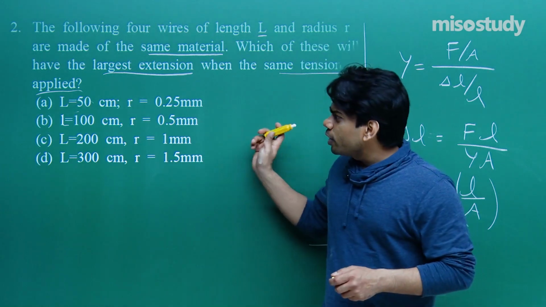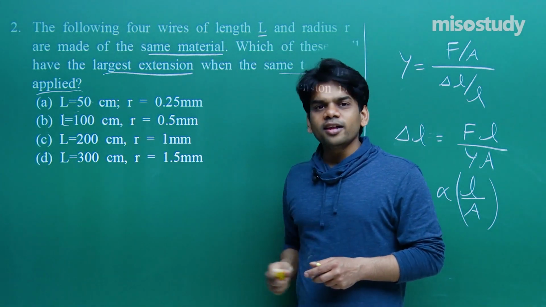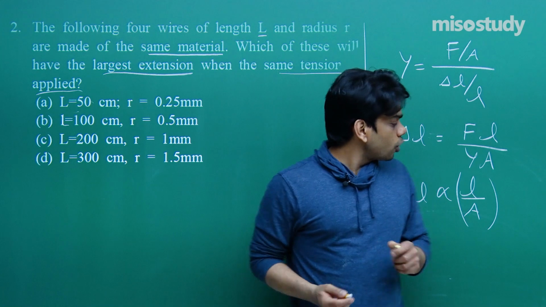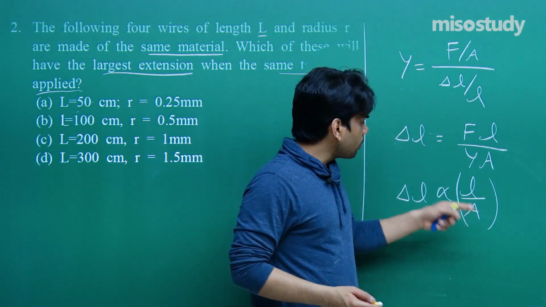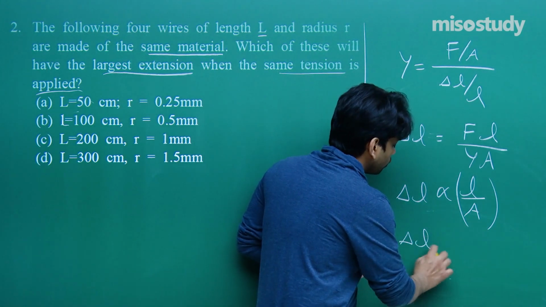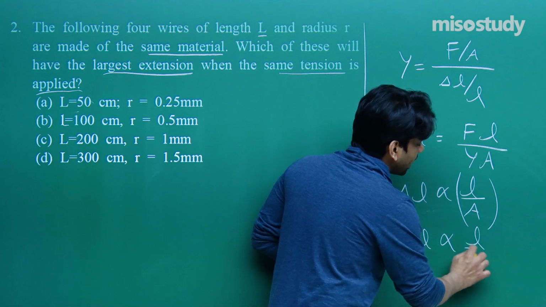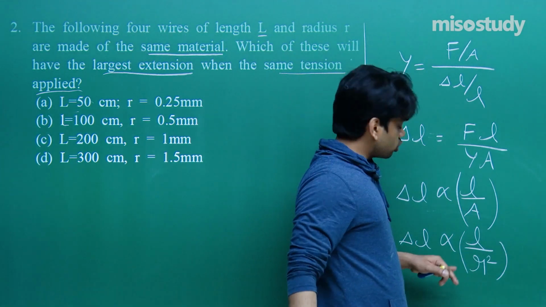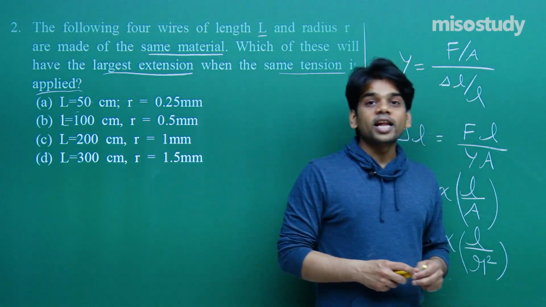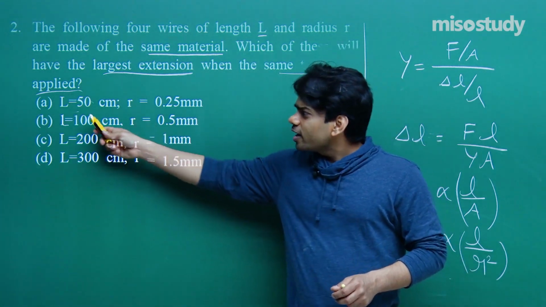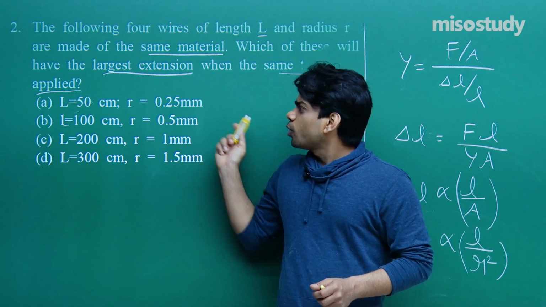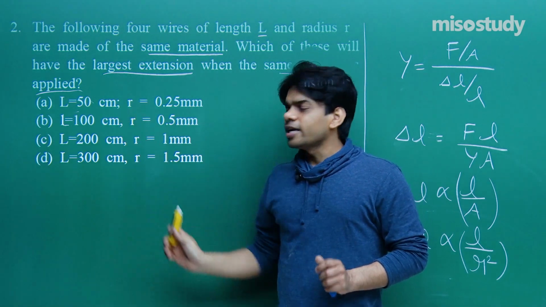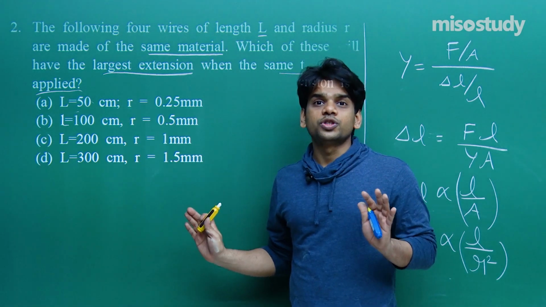Area is what? Pi r square, pi is again constant. So delta L will be proportional to L divided by R square. Since area is pi r square, we can write delta L is proportional to L by R square. Now here capital L is given as 50 and R is 0.25 mm. All are in the same units, so we need not change the units.